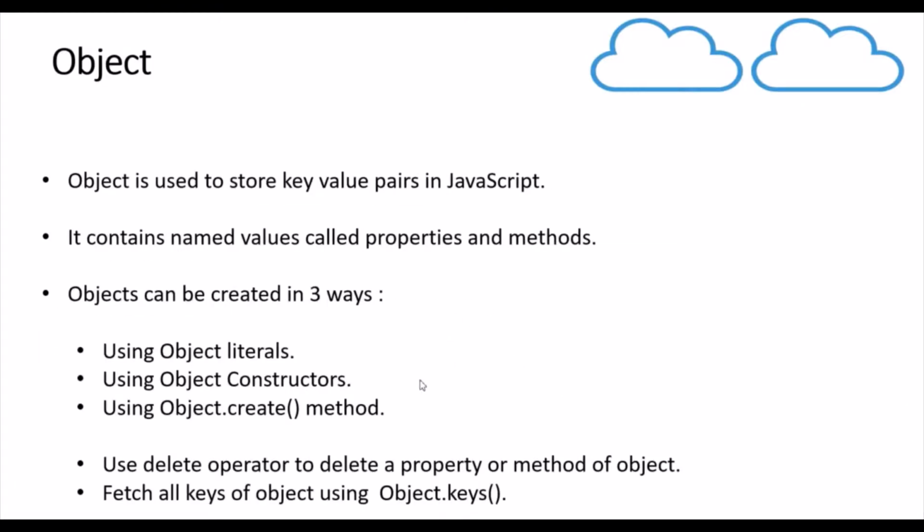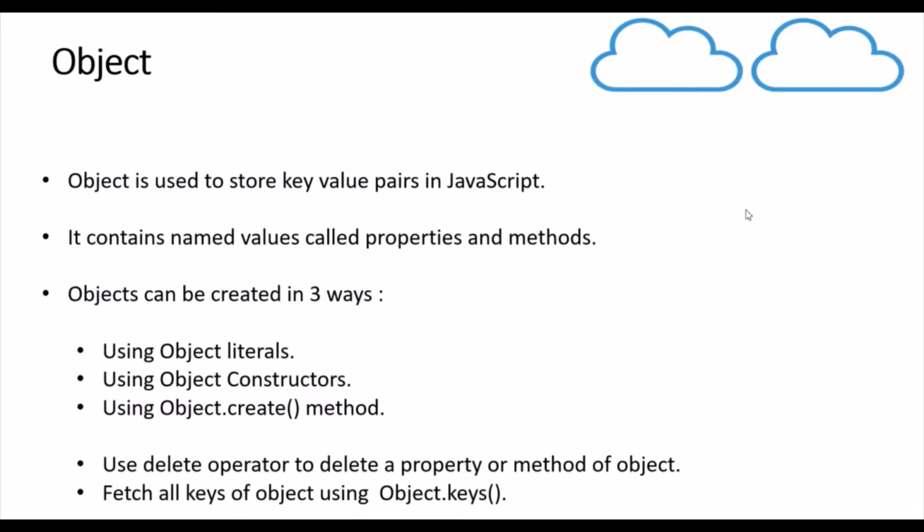next we have object data type, and this is our non-primitive or reference data type. Okay, object is used to store key value pairs in JavaScript, and it contains named values. So like we have properties and we have methods in it. And to create objects, we have three ways.